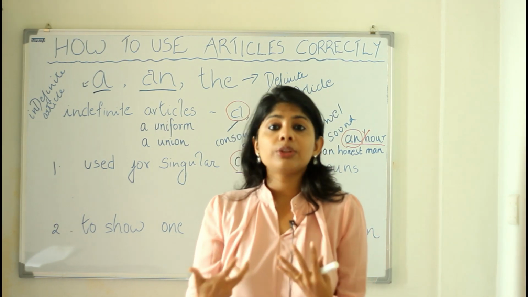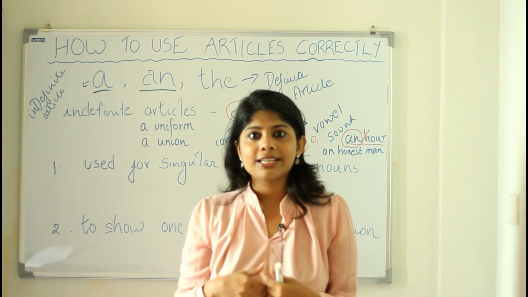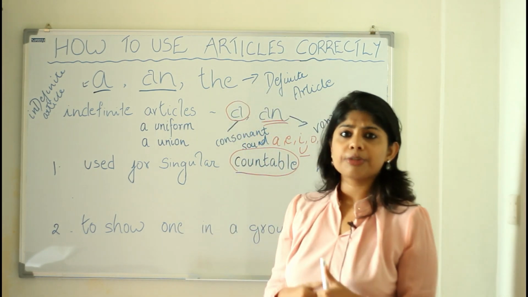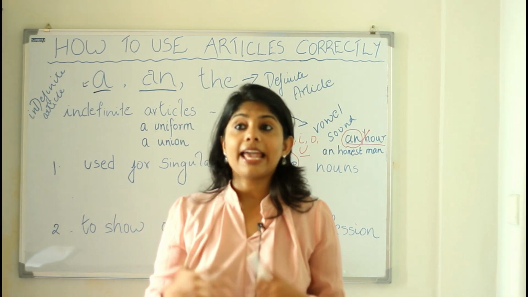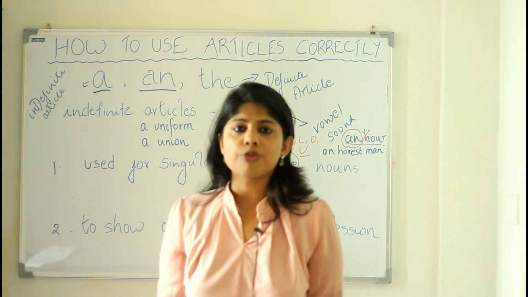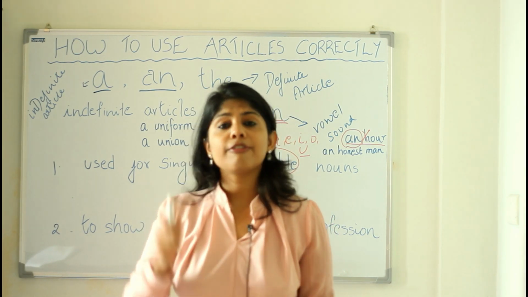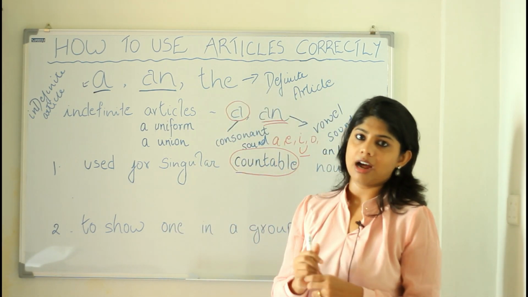Basically, you can know the number of books, pens or babies and so on. But uncountable nouns like water, weather, air cannot be counted on your fingers, and hence for these you do not use an indefinite article.